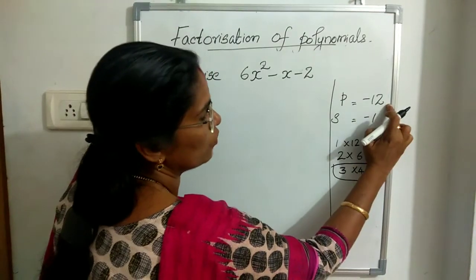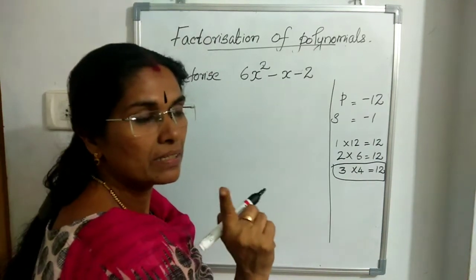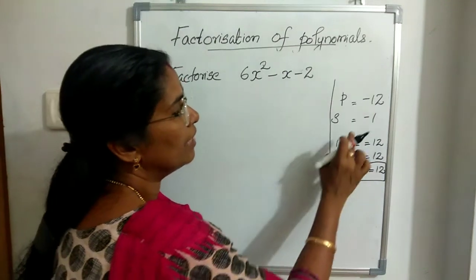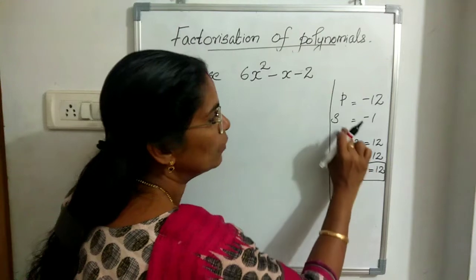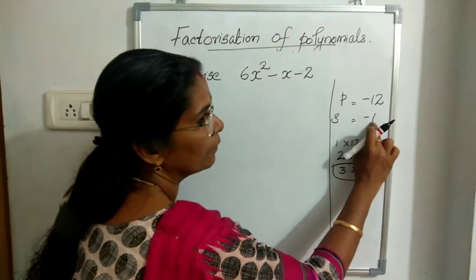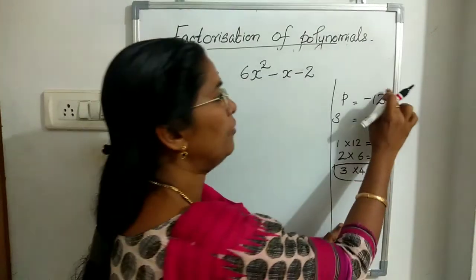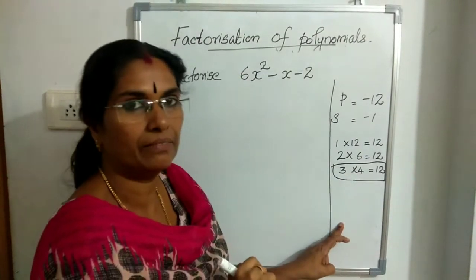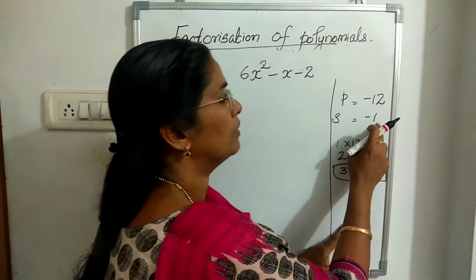Now check here. Product is minus 12, so one should be negative. Product minus means only one term is negative. Now we select which one is negative by looking at the sum. Clear this step? Product negative means among these two numbers only one number is negative, and which number is negative depends upon the sum.